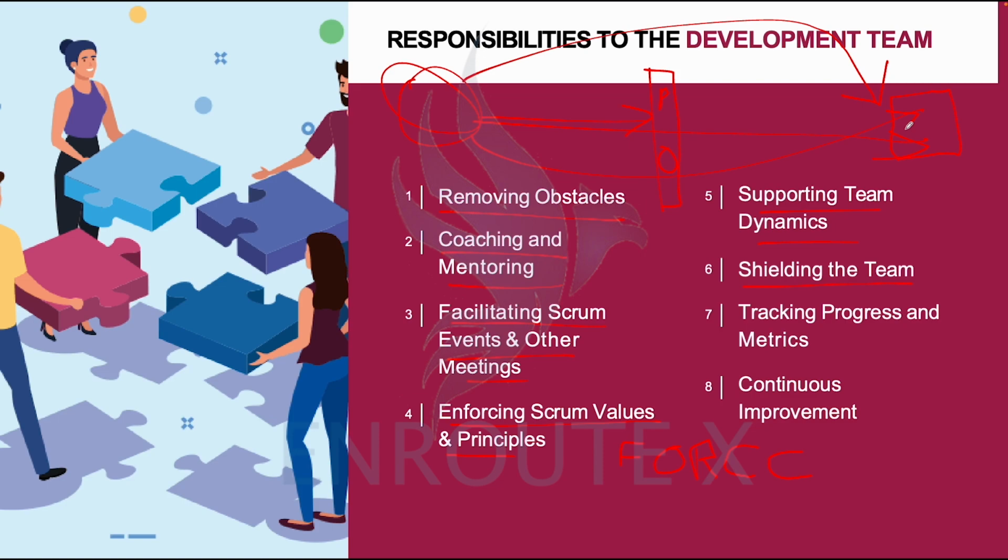Every requirement should come from the PO to the development team. So the Scrum Master is needed to shield the Scrum team from such interferences, in particular from the stakeholders.